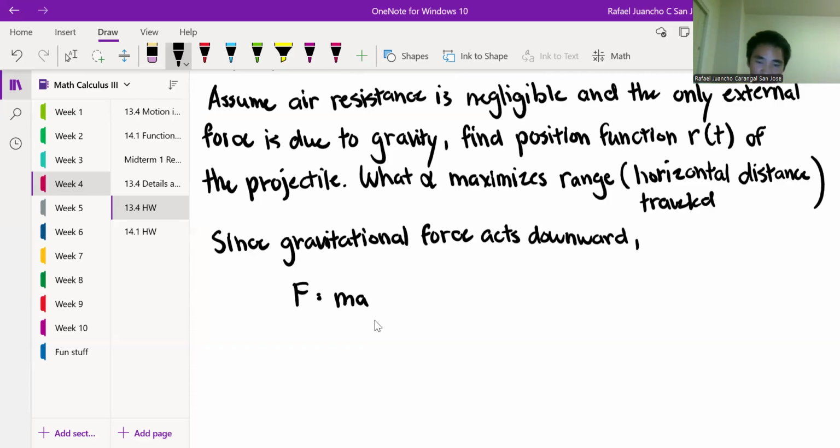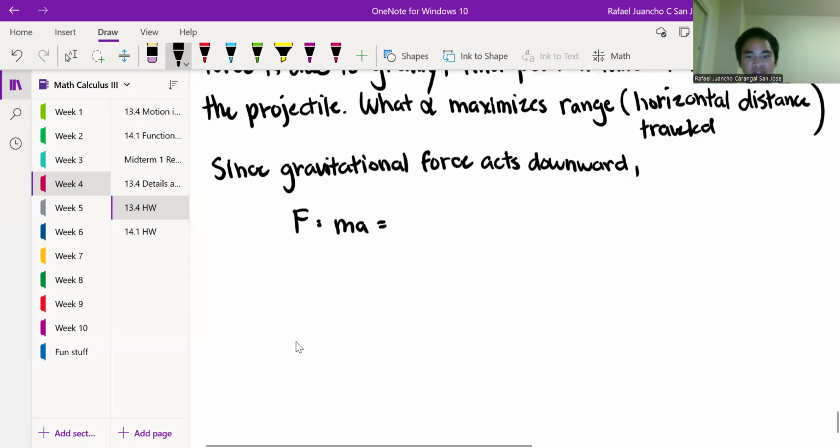F is force, m is mass of that particular projectile, and a is, well, acceleration vector. And here we say that F is a vector, right? This thing is a vector. A is also a vector. That's our acceleration vector. And here we further contextualize this. We say negative mgj.